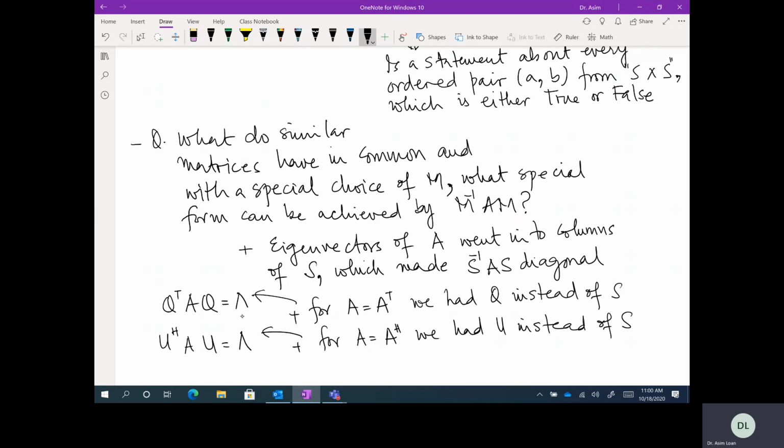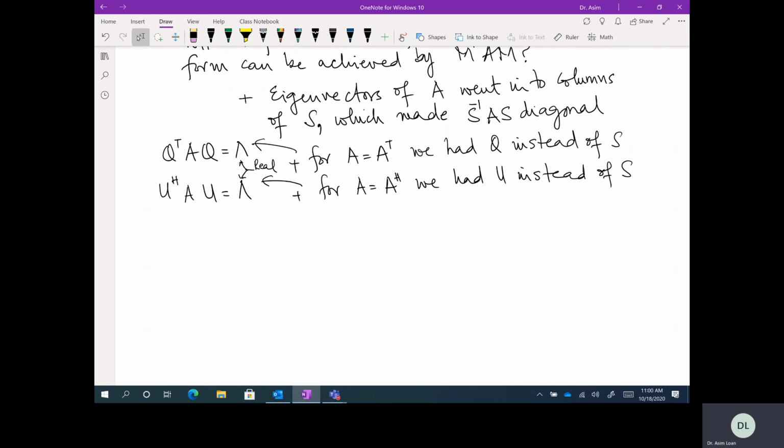Both diagonal matrices are real, because eigenvalues of symmetric matrices and Hermitian matrices are always real.